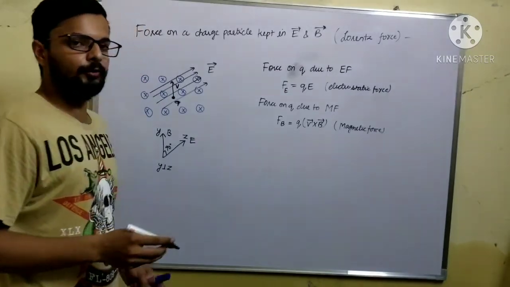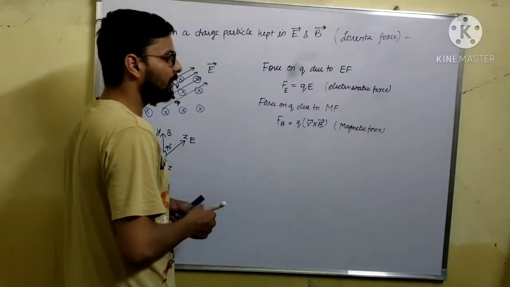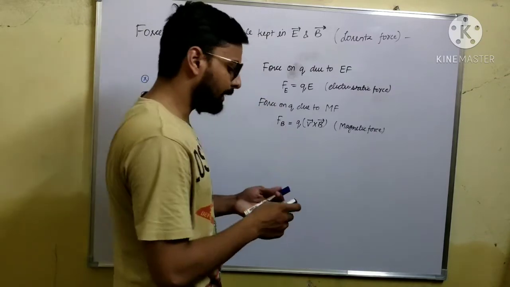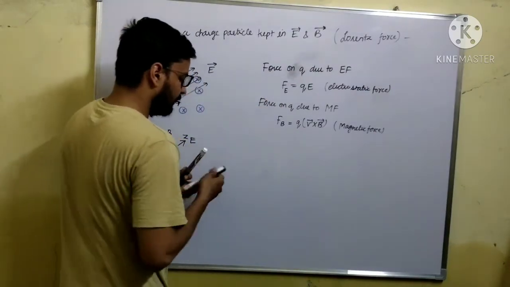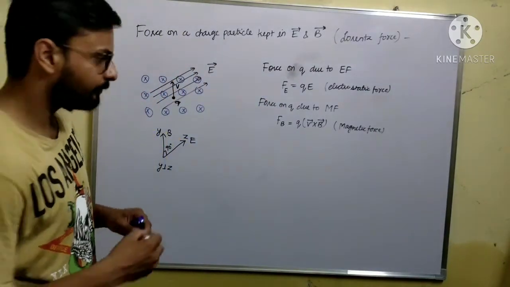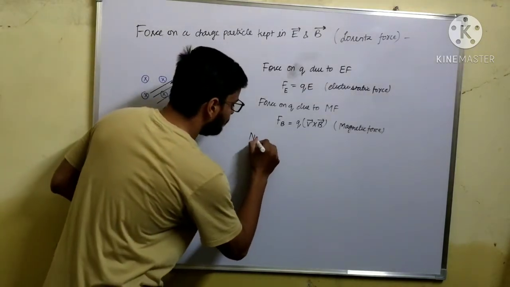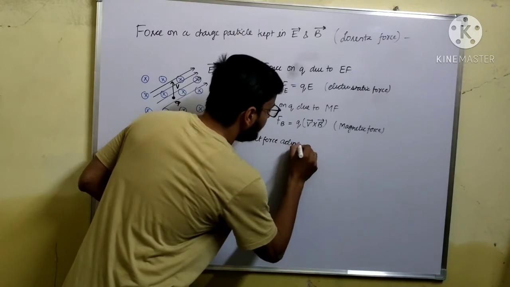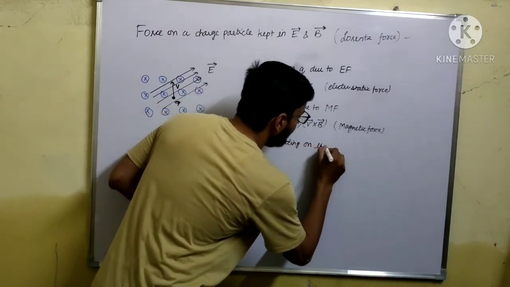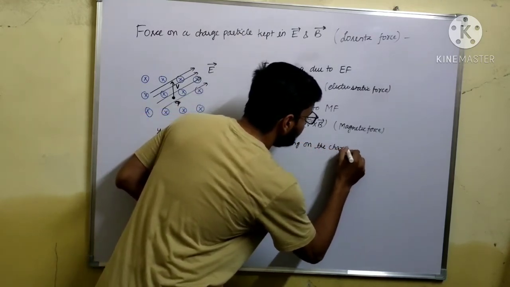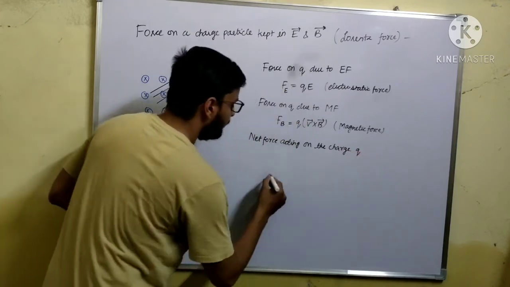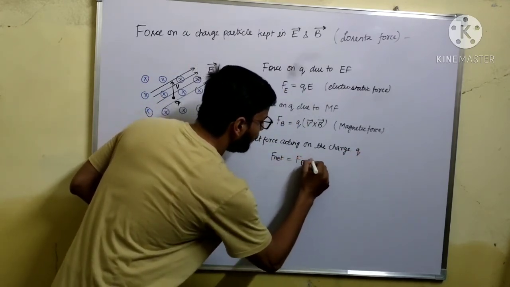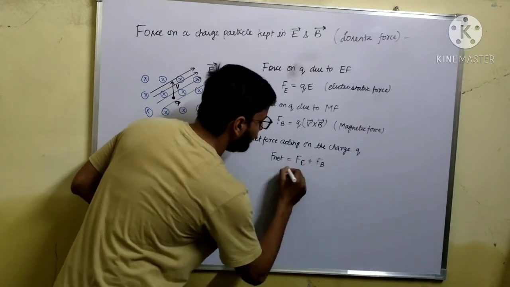So net force will be what? The net force will be the sum of the electrostatic and the magnetic force. So the net force acting on the charge Q will be F net is equal to sum of electrostatic force plus sum of magnetic force.